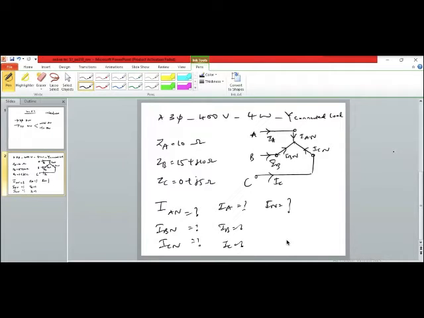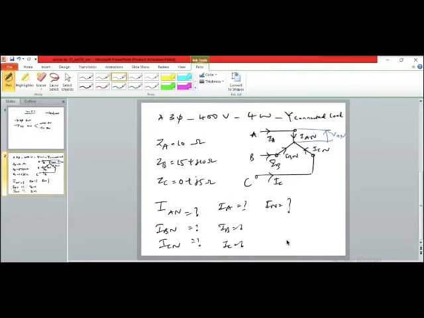So now we are interested in finding the phase currents. To find the phase currents, you require the phase voltages. So this is the phase voltage, VAN. If you know VAN, because you already know ZA, you can find IAN.